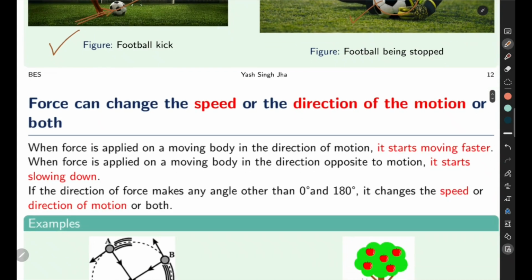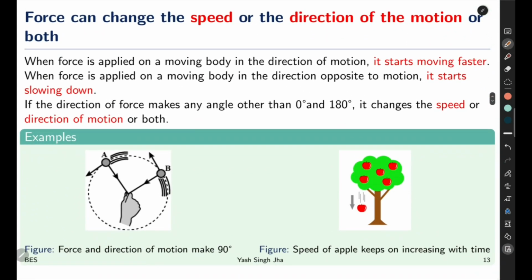Moving ahead. The force can change the speed or the direction of motion or both. When force is applied on a moving body in the direction of motion, it starts moving faster. An example is an accelerating car. Second, when force is applied on a moving body in the direction opposite to that of motion, what happens? It starts slowing down.